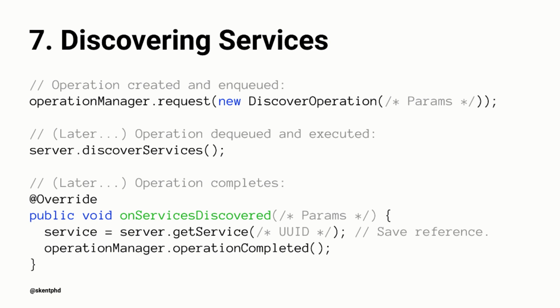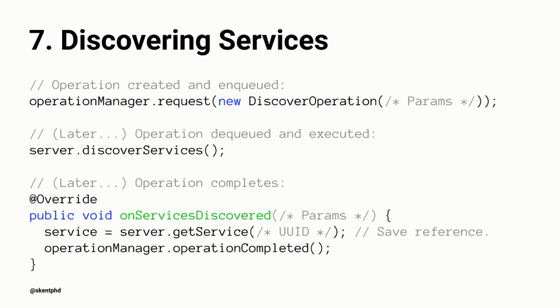When that callback is invoked, we get a reference to the service and save that because that's something that we need to interact with later. And then we must make sure that we tell our operation manager that this operation is finished so that it can start the next one, if there are any already queued up.